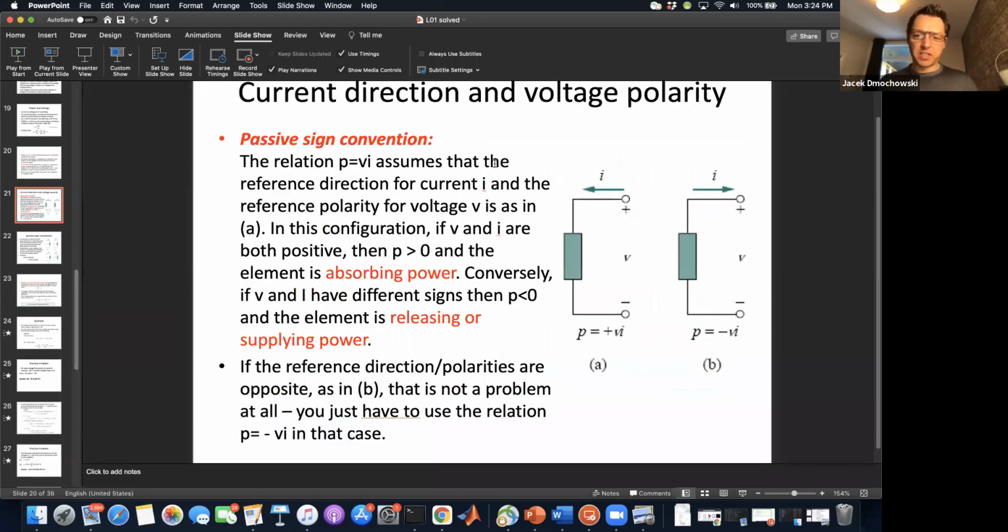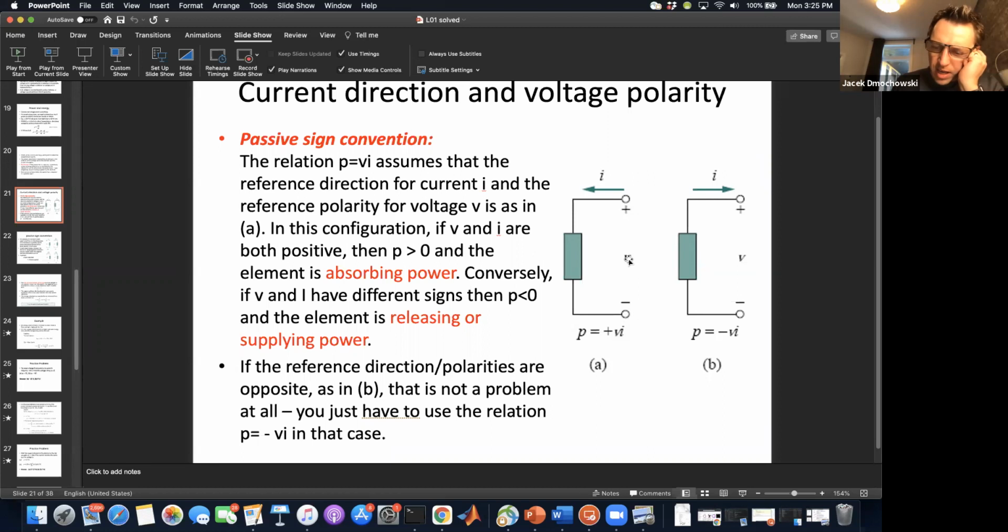We know because we define the conventions. We have a current arrow, and we have numerical quantities for the voltage and the current. Let's look at this very simple circuit branch. This green box represents a circuit element, and that circuit element is receiving I amperes and is sitting at a voltage of V volts.